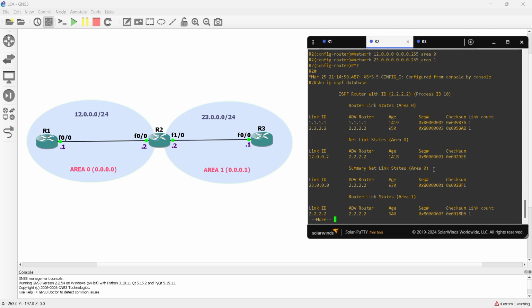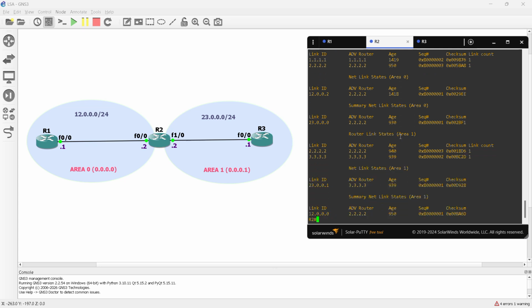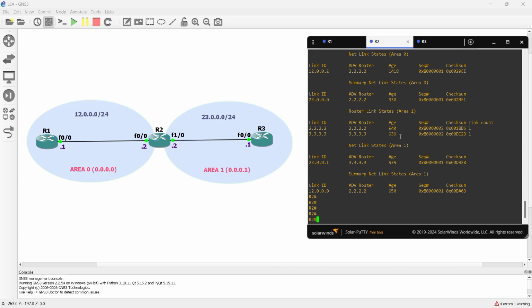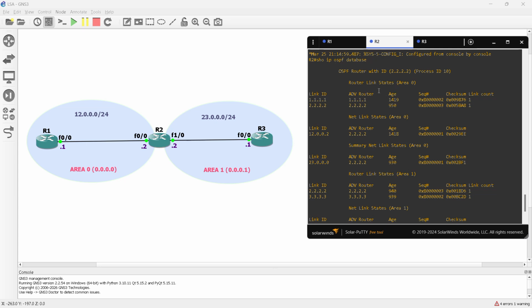Now let us see what is inside R2's database. As you can see, it has the information for separate areas. Let me scroll it up. For area 0, it has FastEthernet 0/0 coming under area 0. It has the information of R1 and R2.